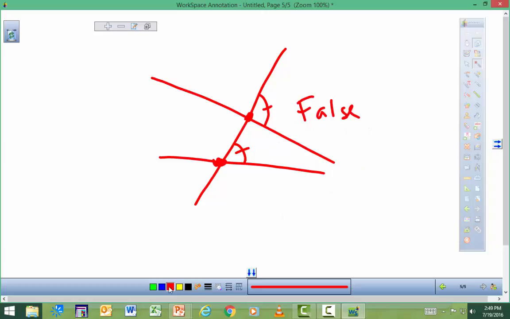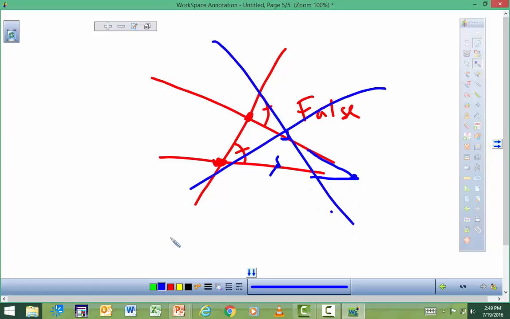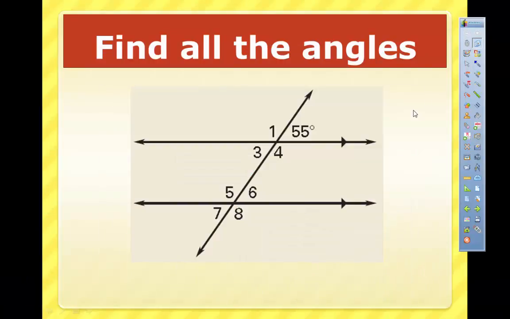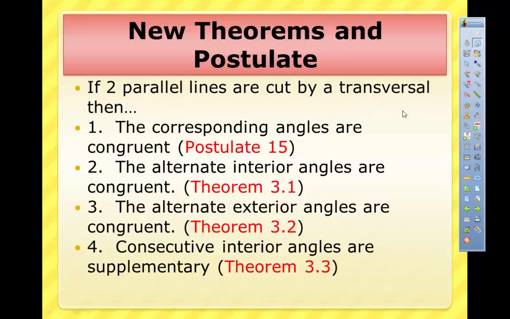Why? Because in this case, these lines are not parallel. As you can see, they would intersect right here. So keep in mind, these 4 theorems, or these 4 postulates that we read about, they're only true if you have parallel lines.